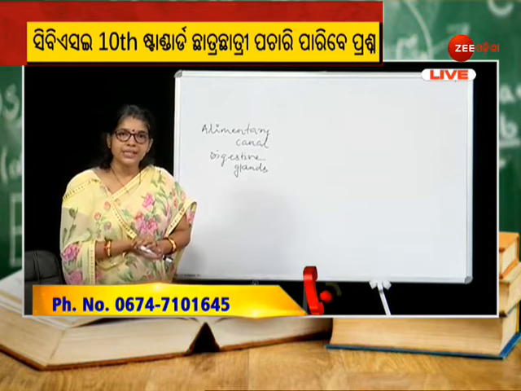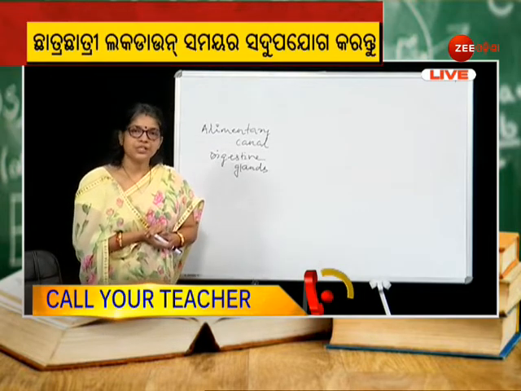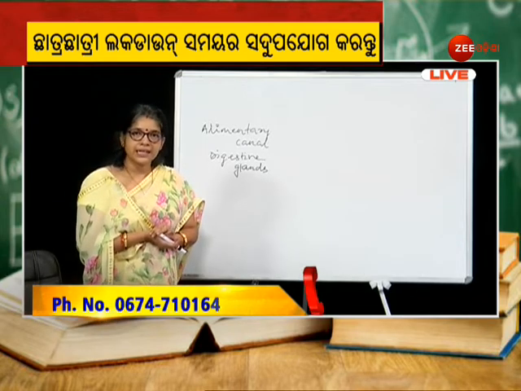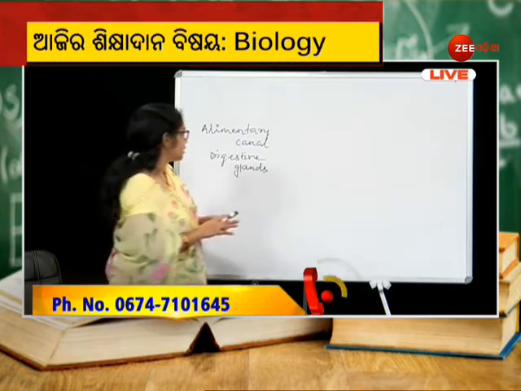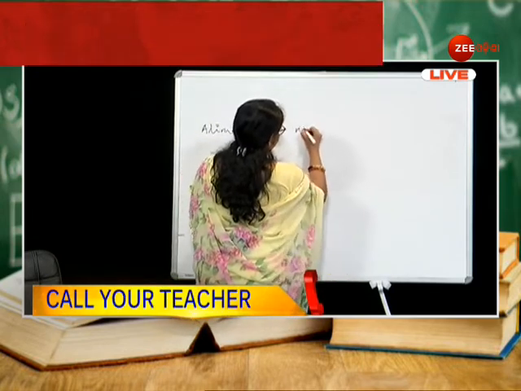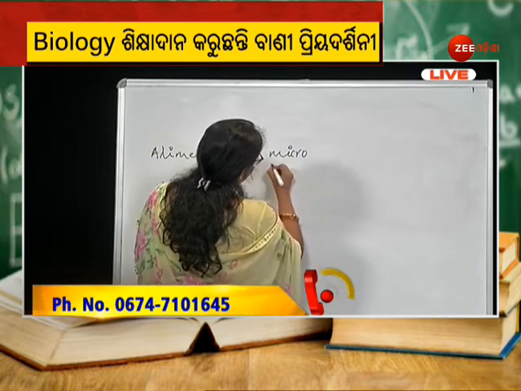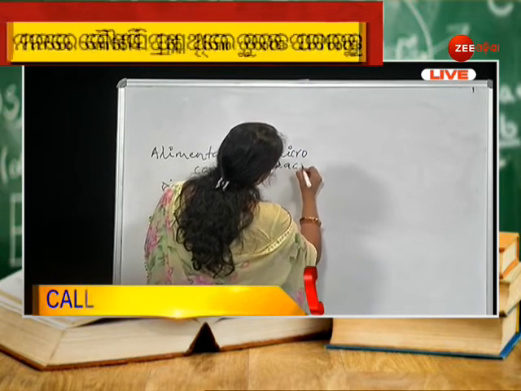So the nutrients which are the major part in the human digestive system can be described in two headings. The first one is micronutrients and second one is macronutrients.